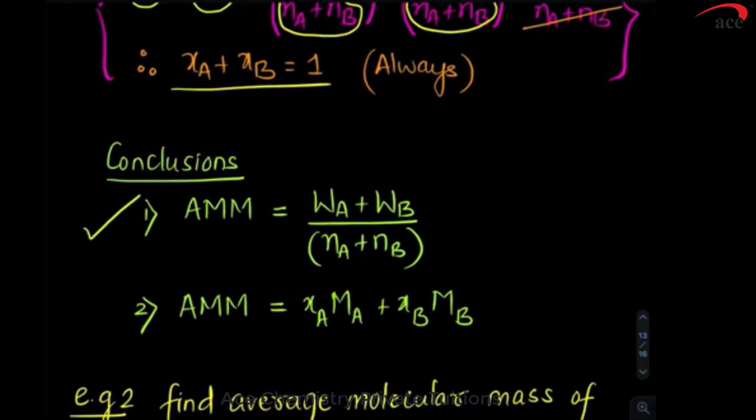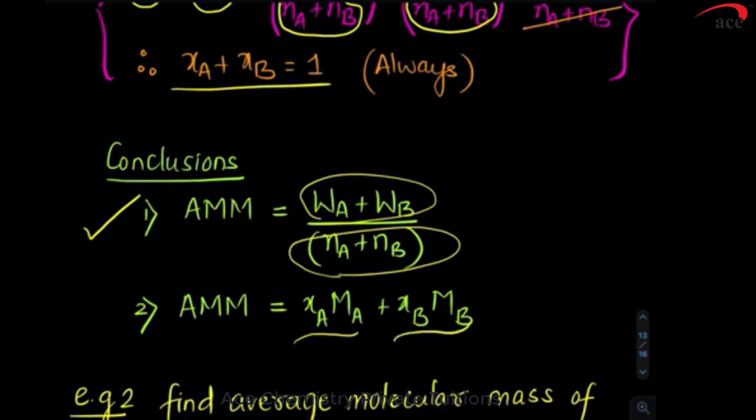So, we realize there are two formulas for average molecular mass: total mass of the mixture divided by total moles, or, write this, another formula is mole fraction into molecular mass of A plus mole fraction into molecular mass of B, where XA plus XB is 1.